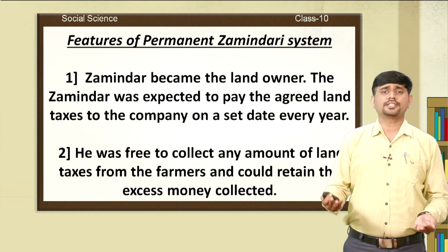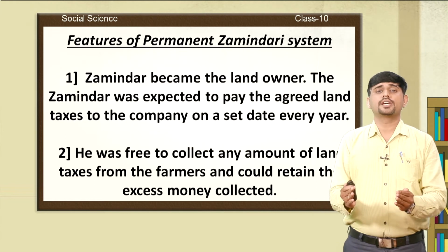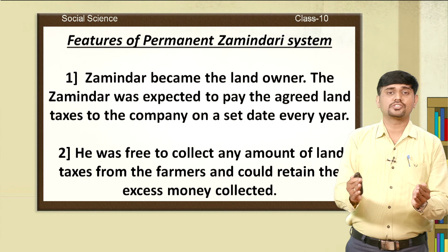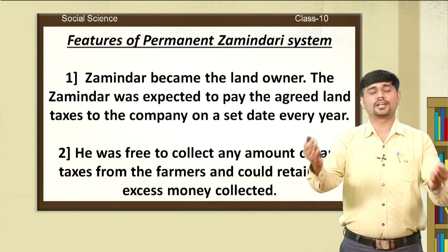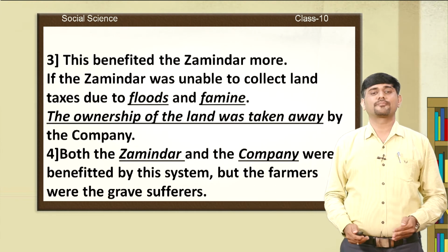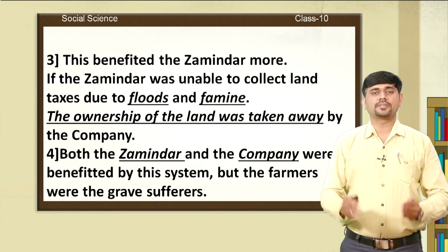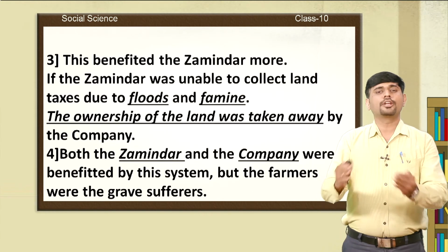They could have collected more, but the agreed money had to be given to the British East India Company. The rest of the money, the Zamindars could use. This type of system benefited the Zamindars more.